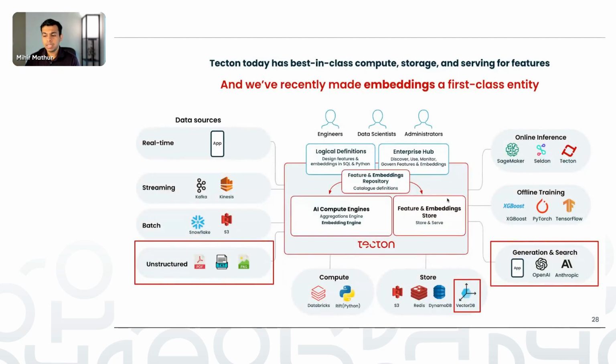And finally, we needed more enablement to support generation and search use cases. So it was a very natural fit for us to support just another data type, which is embeddings. And we only had to make these incremental additions to our platform because we had invested so much time in solving some of the production problems for features.